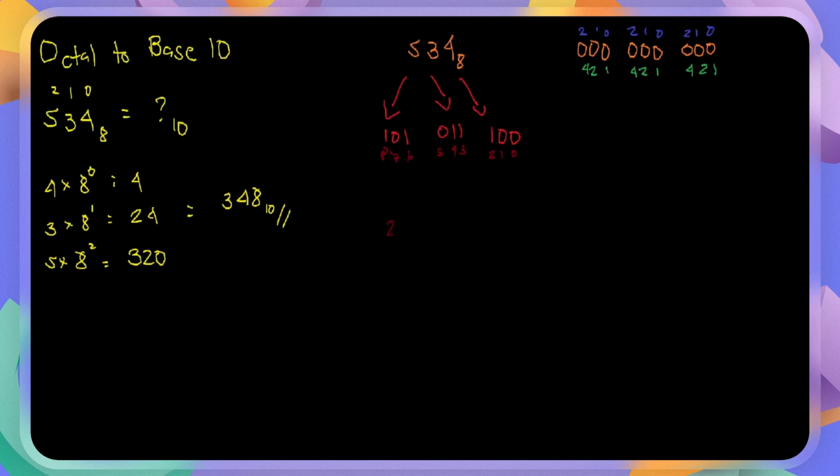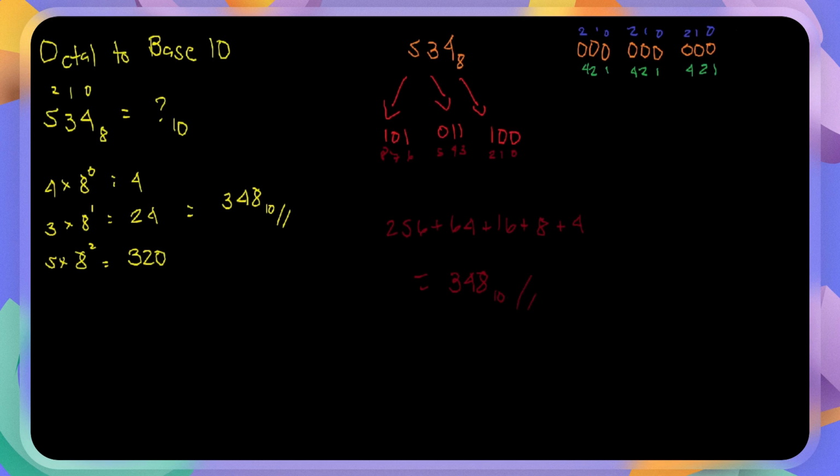So 2 raised to 8 is 256. 2 raised to 6 is 64. 2 raised to 4 is 16. 2 raised to 3 is 8. And 2 raised to 2 is 4. So 256 plus 64 plus 16 plus 8 plus 4, that's going to be equal to 348.